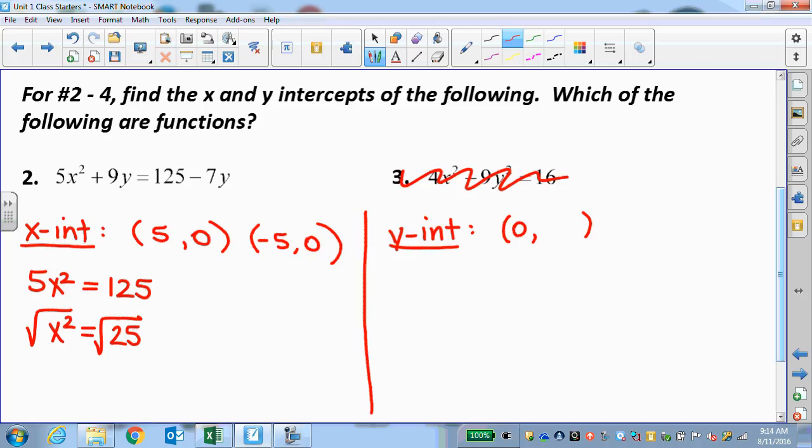Now when I plug in 0 for x, I'm going to get 5 times 0 squared, which is 0, plus 9y equals 125 minus 7y. Pretty simple linear equation to solve. We'll add the 7y over and then divide by 16. So our y-intercept will be 125 over 16. There are the x and y intercepts.